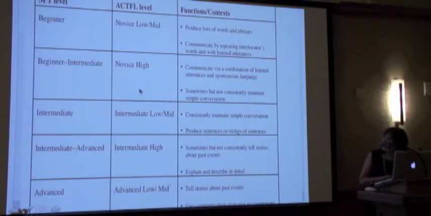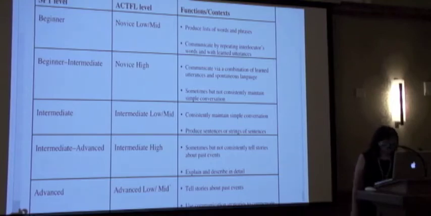To give you an idea of the difference between the ACTFL levels and ours, we have the beginner, intermediate, advanced, and advanced. We didn't go beyond that. We don't have superior, we don't have distinguished.